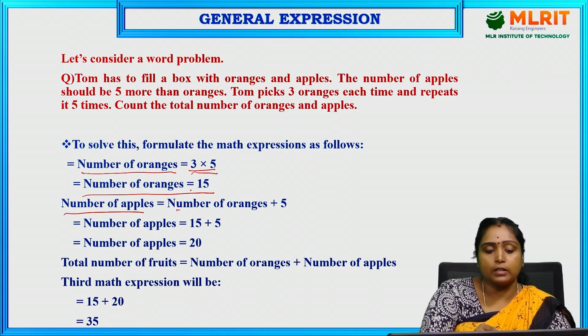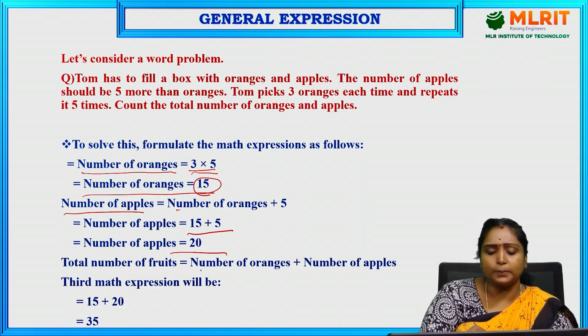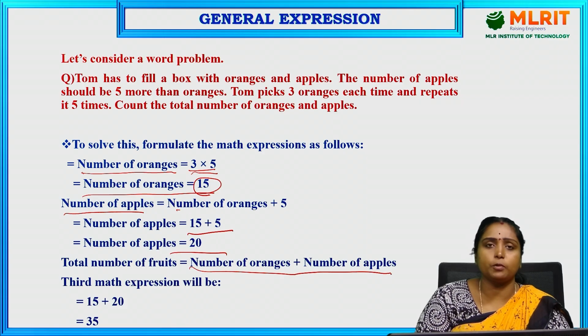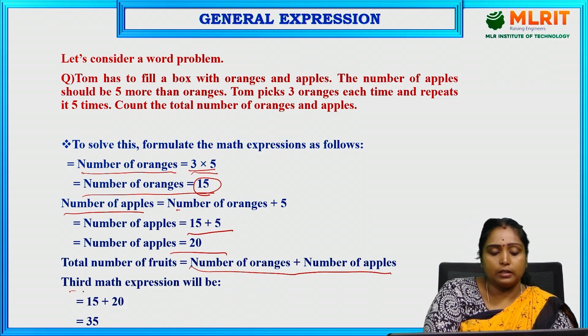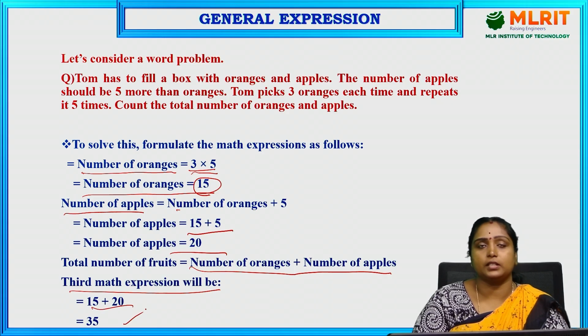The number of oranges is 15, so 15 plus 5 equals 20. The total number of fruits is the number of oranges plus the number of apples, so the third mathematical expression will be 15 plus 20, which is 35 in total.